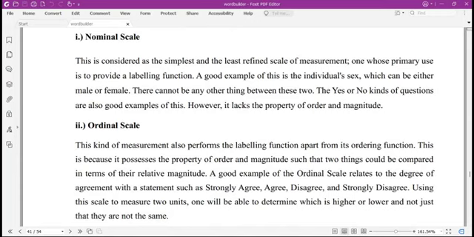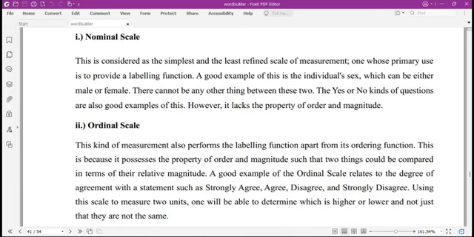This is because it possesses the property of order and magnitude, such that two things could be compared in terms of their relative magnitude. A good example of the ordinal scale relates to the degree of agreement with a statement, such as strongly agree, agree, disagree, and strongly disagree.